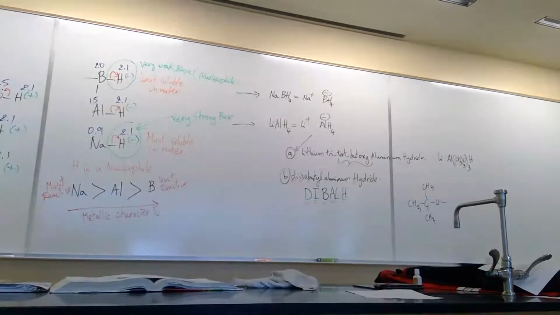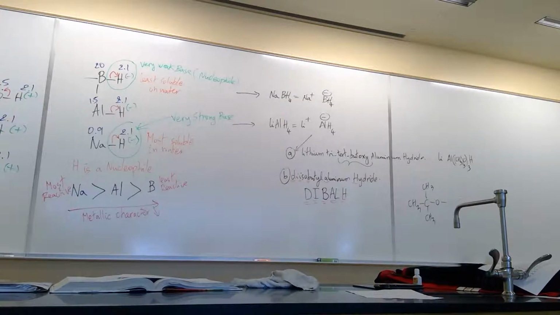So let's repeat. There are 2 sources of hydrides, and you'll see we're going to have the same similar thing with the organometallic. That's why if you understand this, the other part will be just a parallel, exactly the same. So boron is slow, not very reactive, and it can only give you 1 hydride.